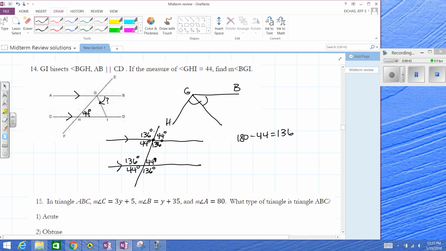Okay, now since BGH is 136 total, and it was bisected, we're going to take 136 divided by 2, and we should get 68 apiece here. Let's see if that does anything for us. Yes. Okay, so we also, oh, wait a minute, that's it. That's what we wanted, BGI. BGI, yes. So that's going to be 68 degrees. Okay, good enough for that one.